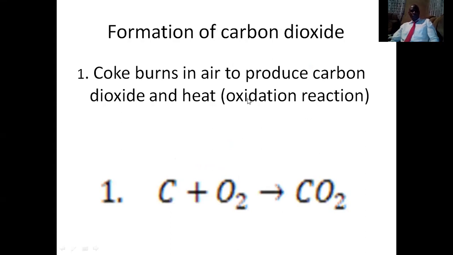This reaction is an oxidation reaction because oxygen is added to carbon to form carbon dioxide. Whenever there is an addition of oxygen, that reaction is an oxidation reaction. Where oxygen is removed, it is known as a reduction reaction.